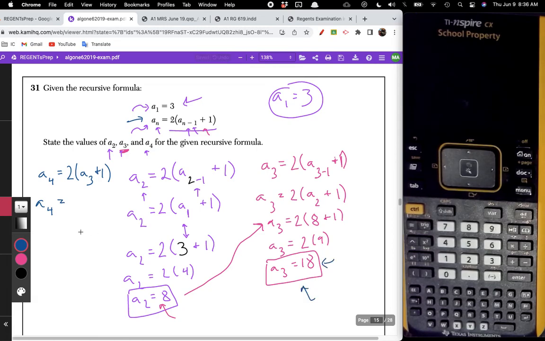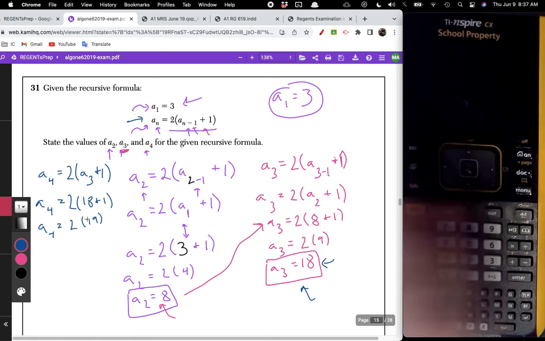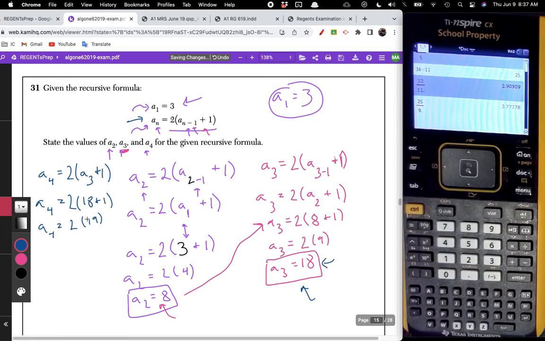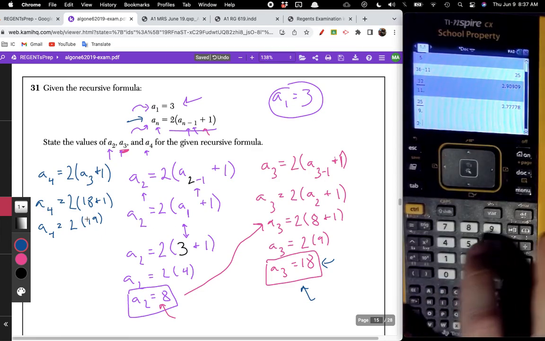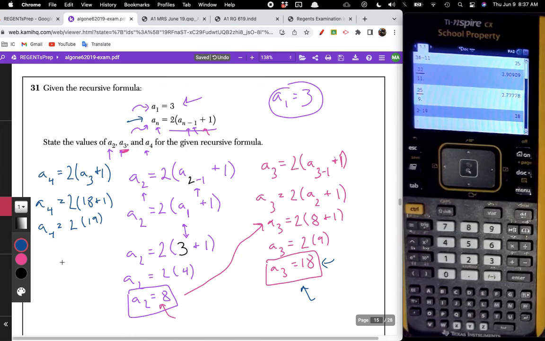We just found it over here. So it's going to be 2 times 18 plus 1, which is 2 times 19. And 2 times 19, I'll just pull my calculator up just to be really safe.